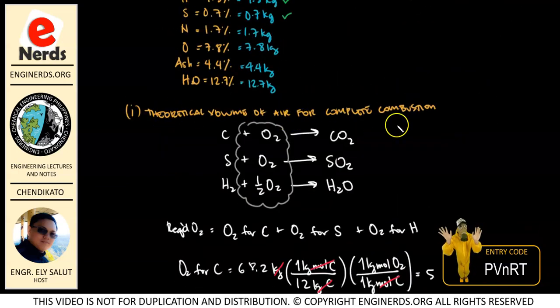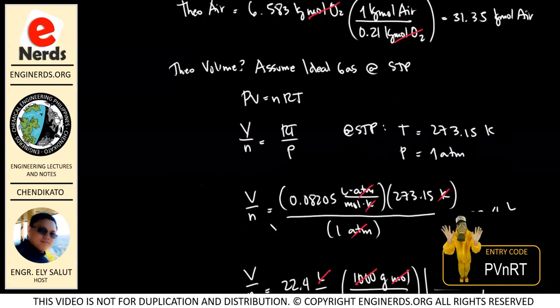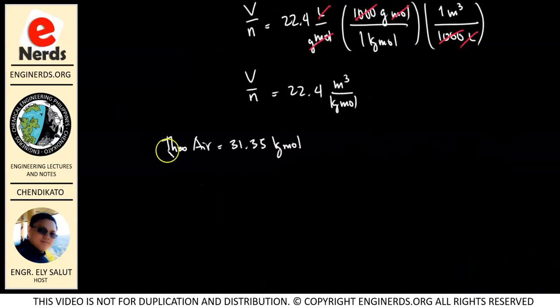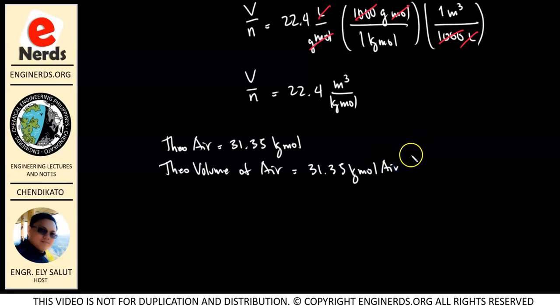Theoretical volume of air for complete combustion. So, our theoretical volume is equal to 31.35 kilogram mole of air times 22.4 cubic meter of air per 1 kilogram mole of air.